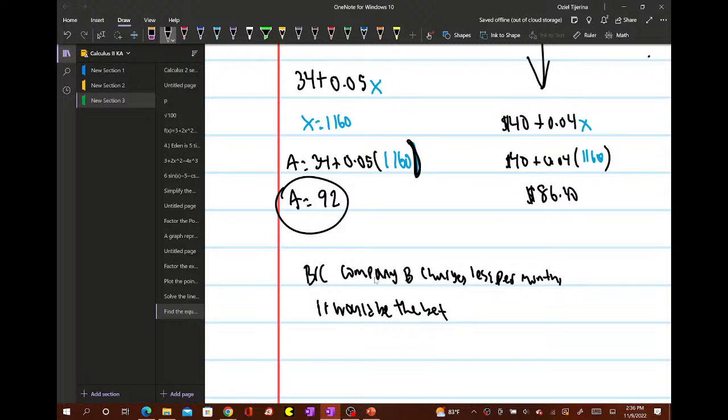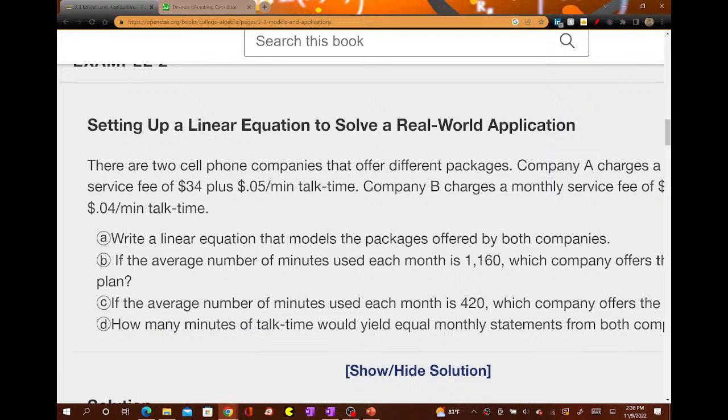Because company B charges less per month, it would be the better plan, right? So that's how you do the first one.